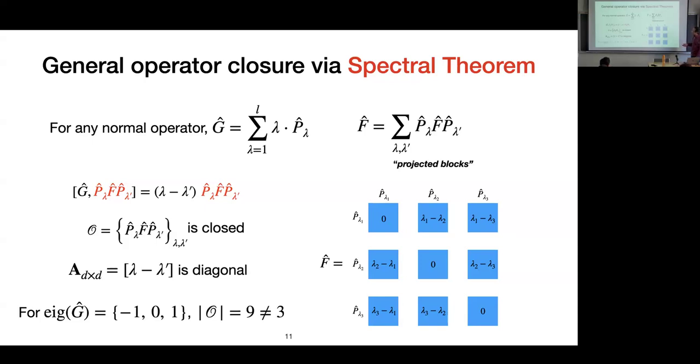For an eigenvalue set of -1, 0, 1, there are 9 blocks for a 3x3 grid, but this is still not 3. We wanted 2 commutators, which needed a vector space of dimension 3. So this is still 9. There is some reduction and more scope for improvement.